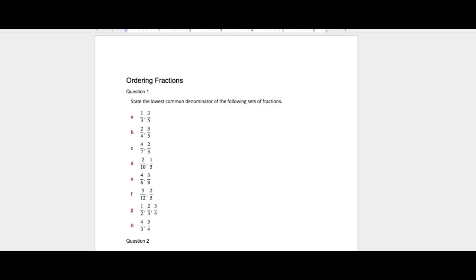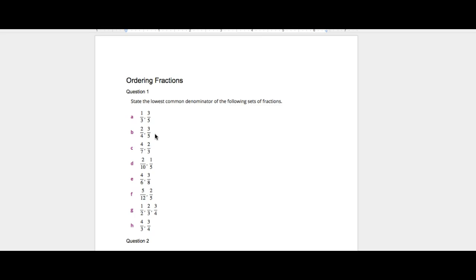So the easiest way to do that is to find the common denominator and then rewrite that fraction with that common denominator. So in question one, we're going to just state the lowest common denominator of the following set of fractions.